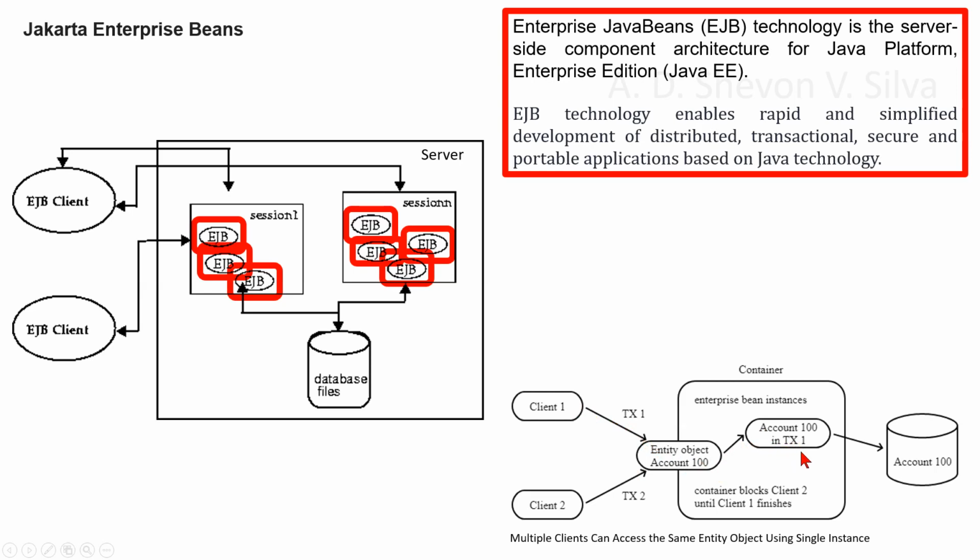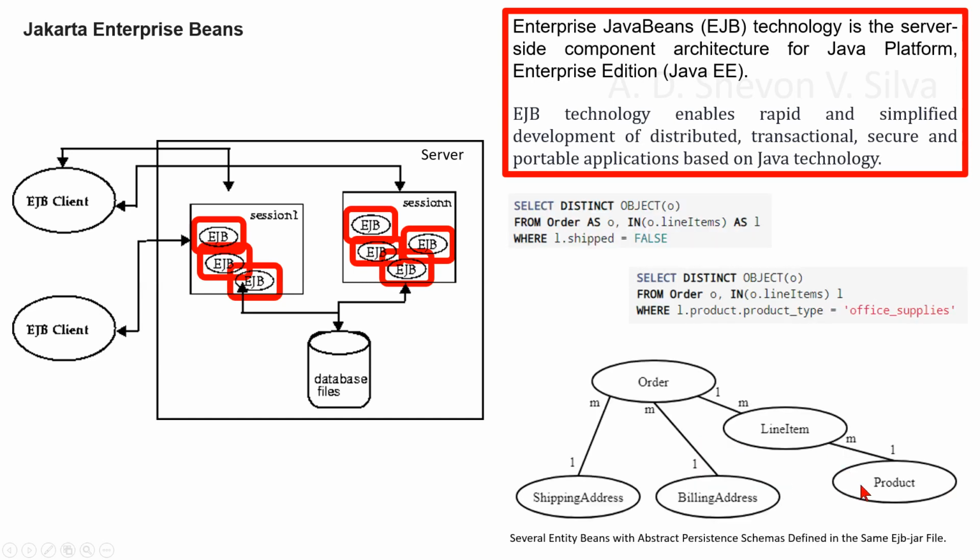And enterprise bean instances are in the container, and here the container blocks client 2 until client 1 finishes, and account 100 in tx1 is connected to the database, and account 100 is in the database.